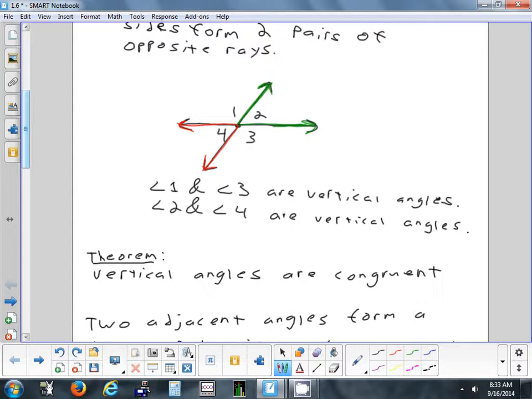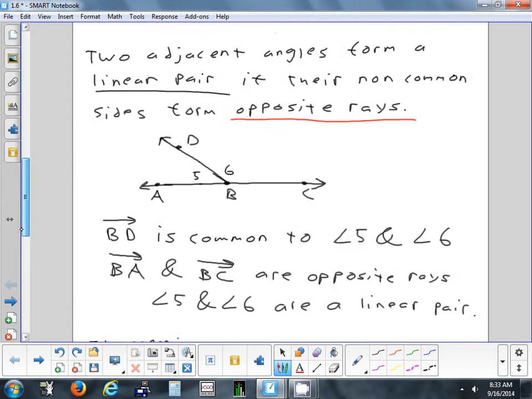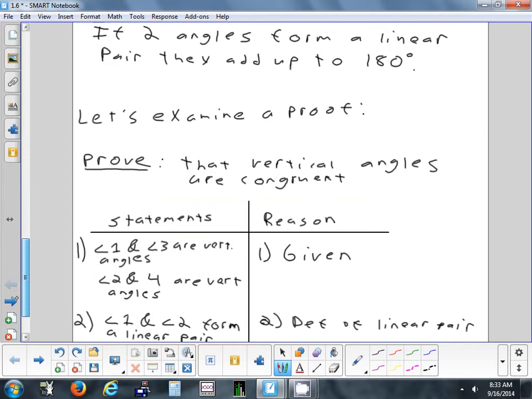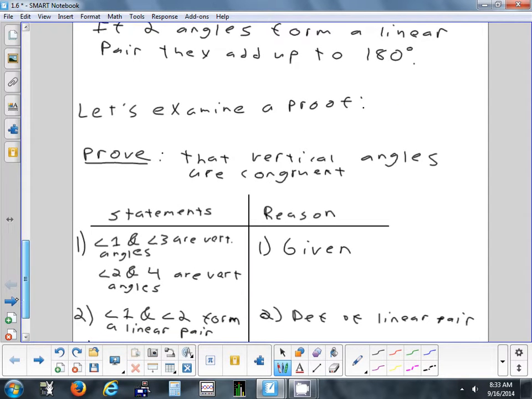Well, by the definition of a linear pair, angles 1 and 2 are a linear pair. So that's why I can say that statement. A lot of times, the reason that you use can be a definition.